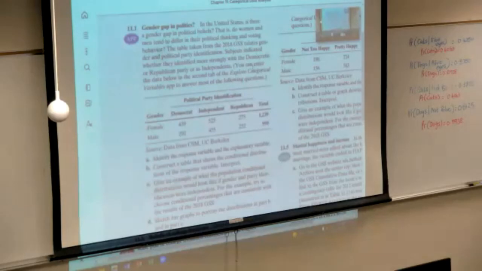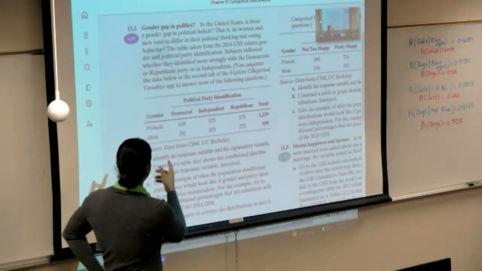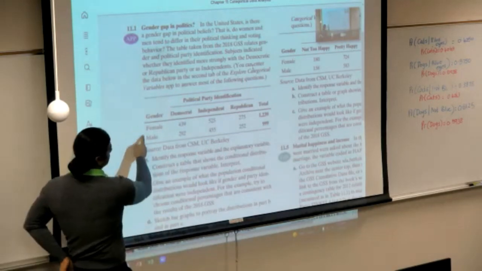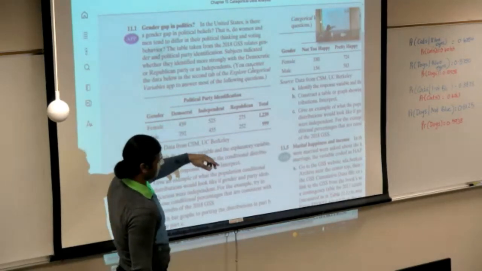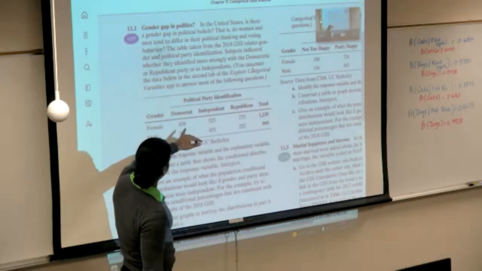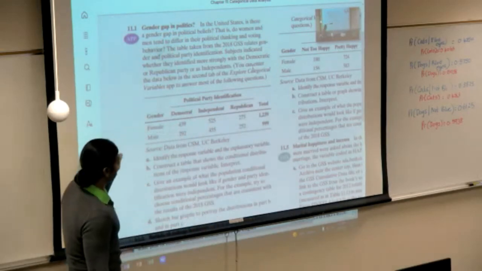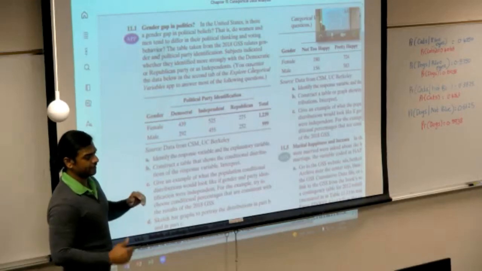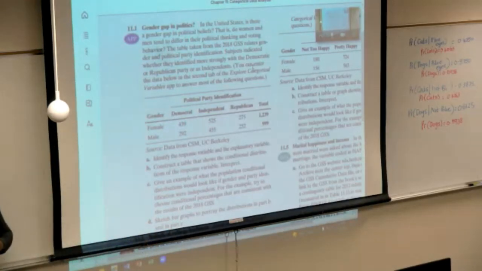So, gender gap in politics. We have political party identification and gender: female, male, and three party identifications, Democrat, Independent, Republican. And we want to identify the response and the explanatory variable.